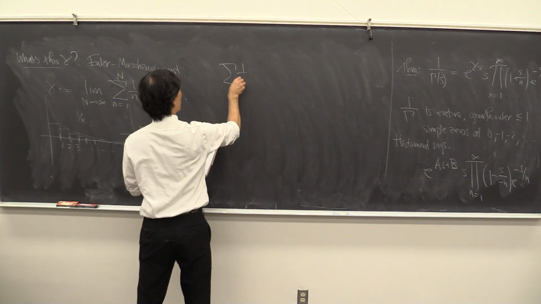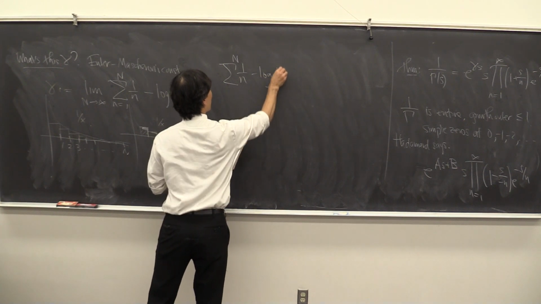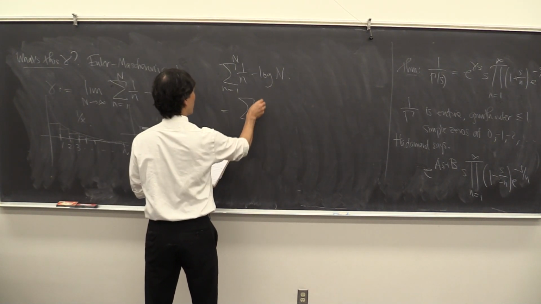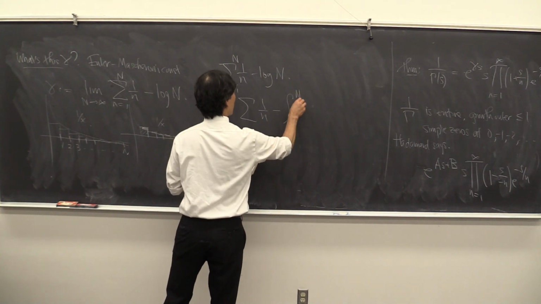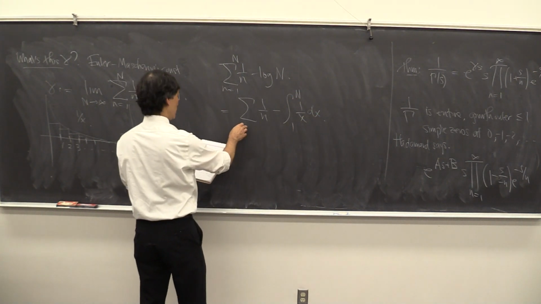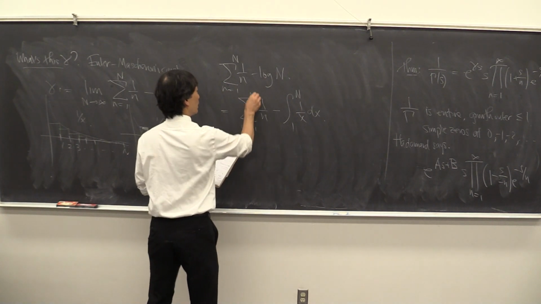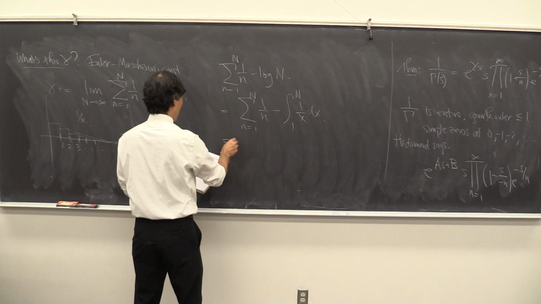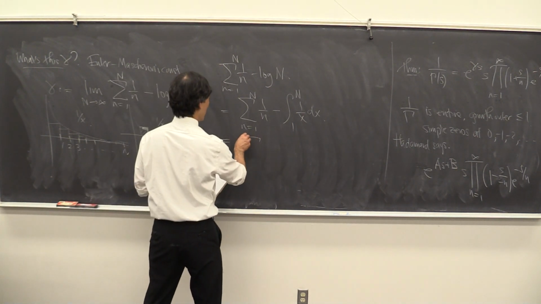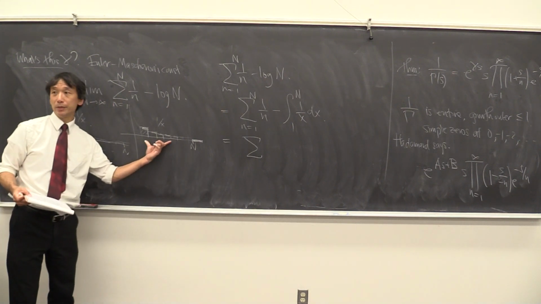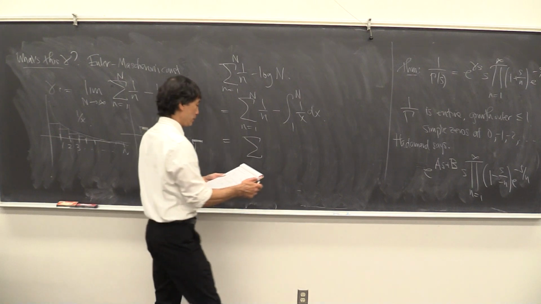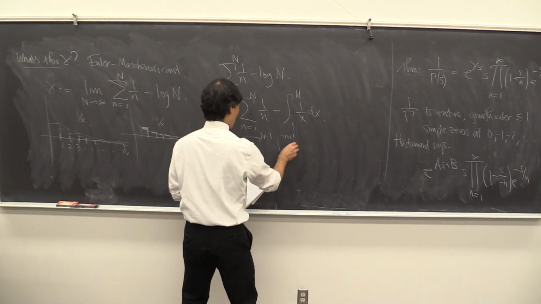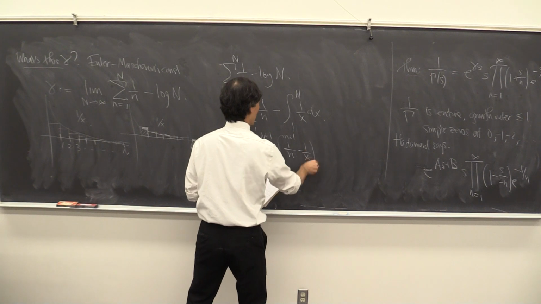If you express the log as an integral, and then write it as a summation, we basically write it as this difference here: the sum for n from 1 to capital N minus 1 of the integral from n to n plus 1 of 1 over n minus 1 over x dx.